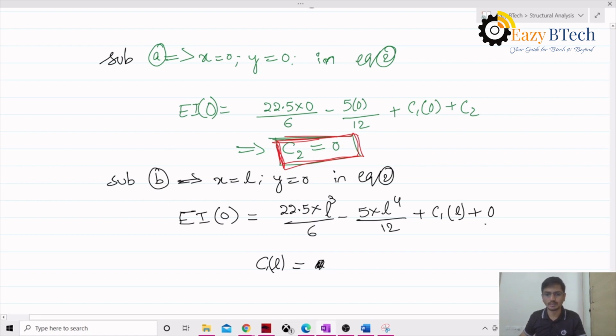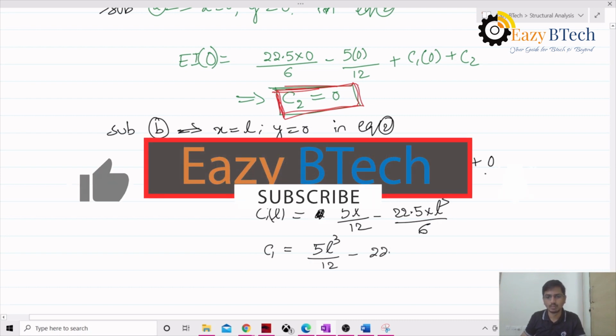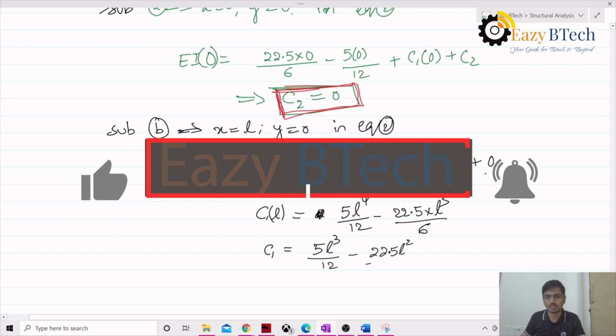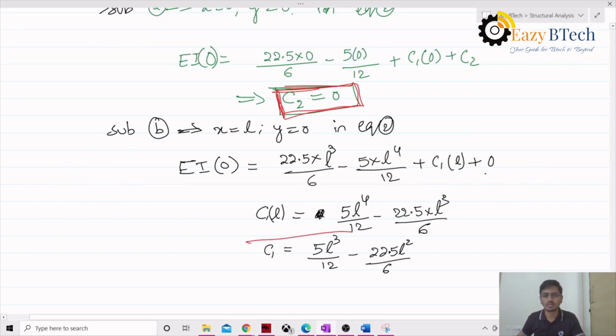Here we'll get 5 L power 4 by 2 minus 22.5 into L cubed by 6. Taking L common and simplifying it, we'll get C1 equal to 5 L cubed by 2 minus 22.5 L squared by 6. So this is the C1 constant.